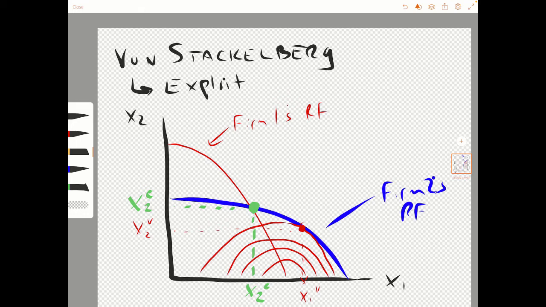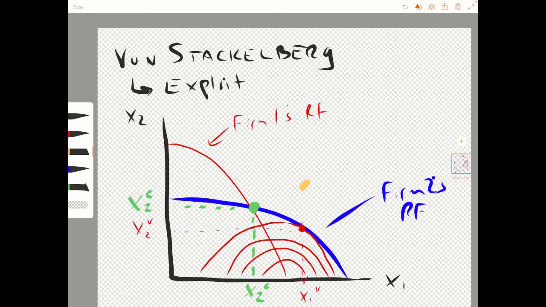Firm 2 increases its output and puts everybody at some amount way out here, where firm 1 is producing X1V and firm 2 is producing some amount even higher. So now both firms are beyond their reaction functions in a place where they don't want to be. So the Von Stackelberg can lead to some trouble.